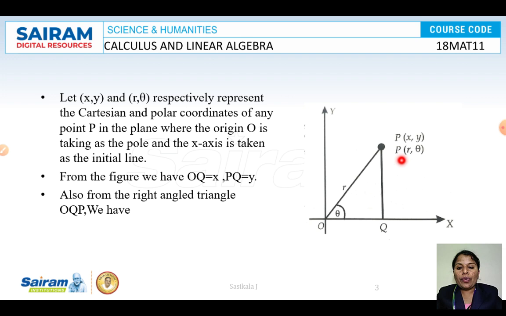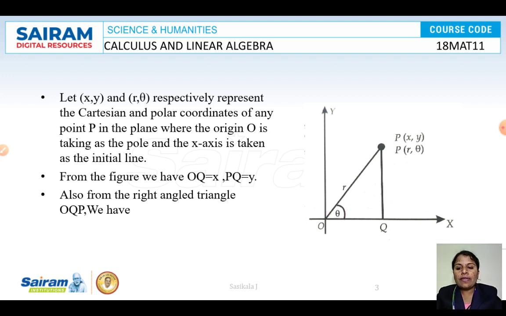From the previous slide, r is your radius vector and theta is the angle made from the x-axis with the radius vector, measured anti-clockwise, so it is the polar angle.